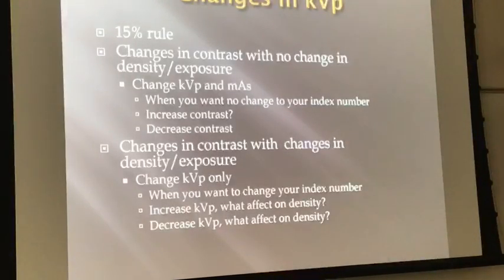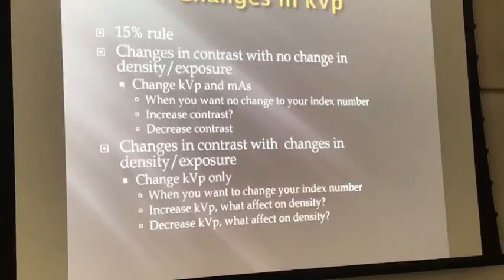So when do we use the 15% rule? If you want to keep the same exposure. When you want to keep the same exposure, you change kVp, and in the opposite direction, you change your mAs to compensate for the change in kVp. So you want to change your scale of contrast, but you want to leave the exposure essentially the same, right? Remember, density and exposure are essentially the same thing.